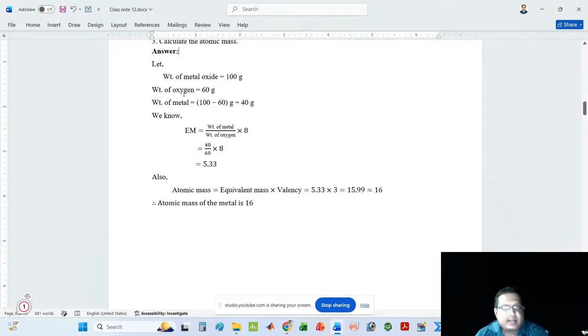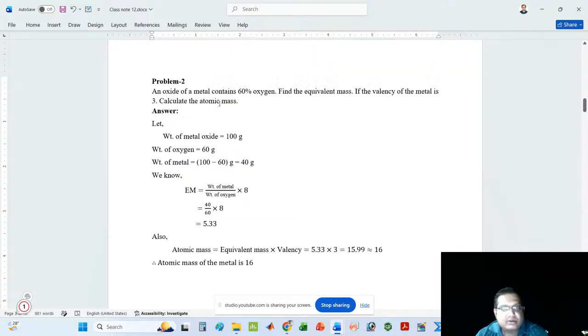Now I can write the weight of metal oxide is 100 gram. Since the percentage is given, for simplification I take the weight of metal oxide as 100 gram. If metal oxide is 100 gram, as per the question, 60% oxygen is present.